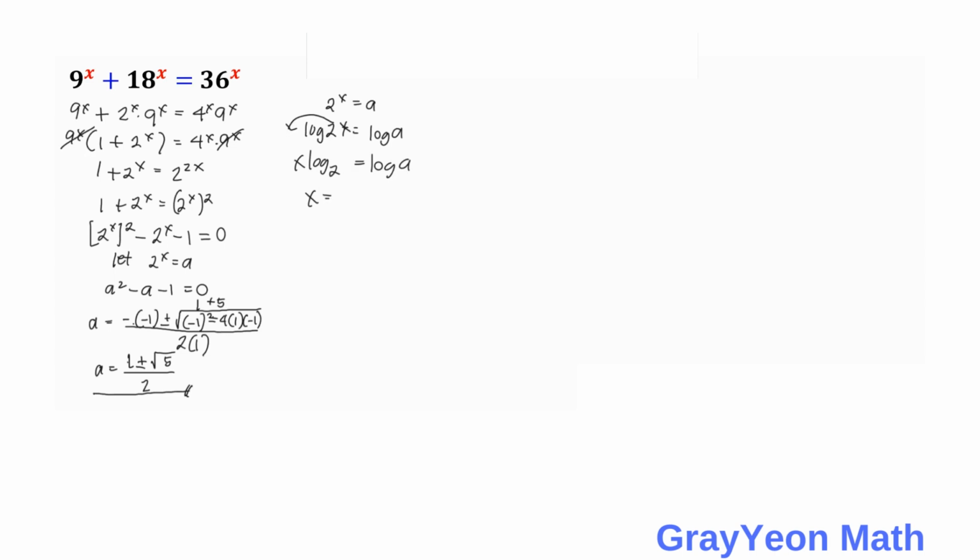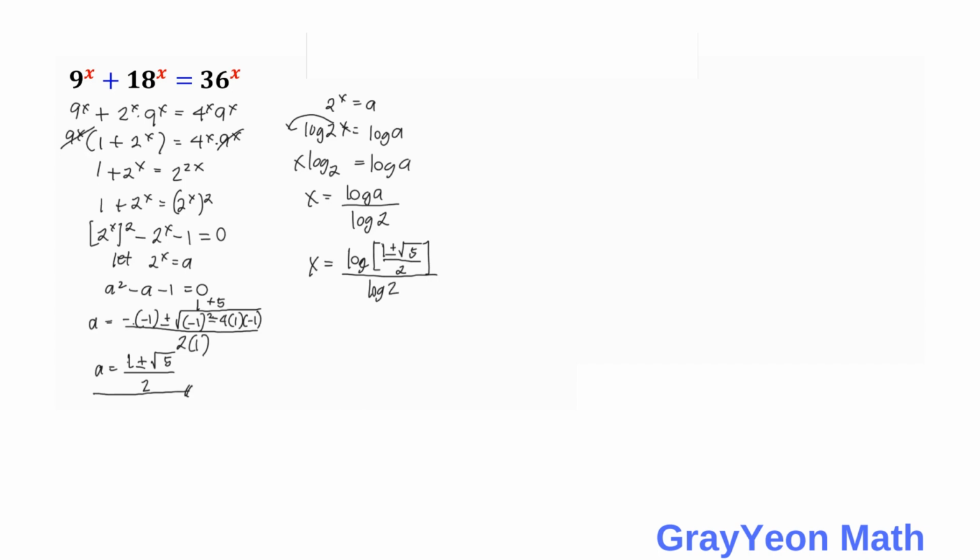So x can be written as log a divided by log 2. We can replace a by what we got from the quadratic equation, that is 1 plus or minus the square root of 5 all over 2, over the logarithm of 2.